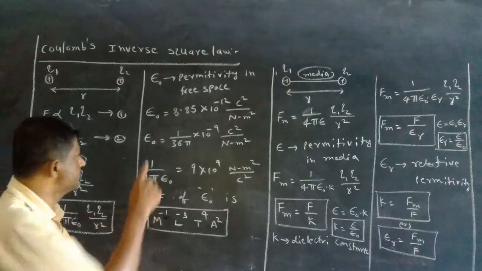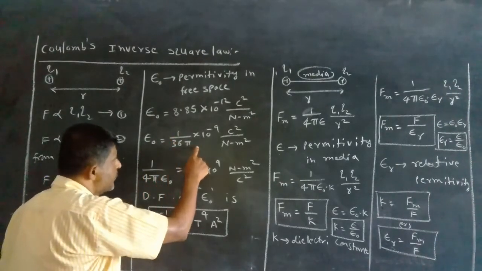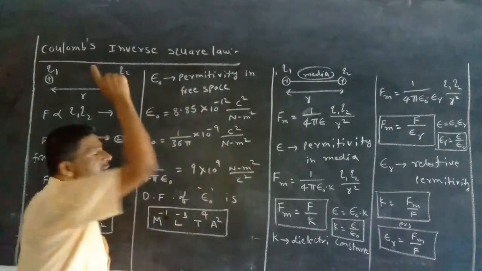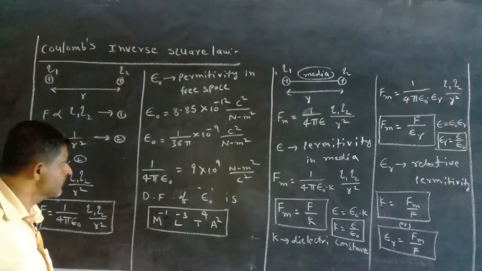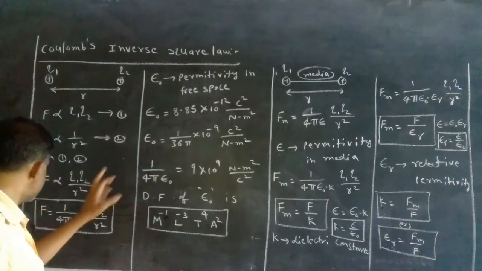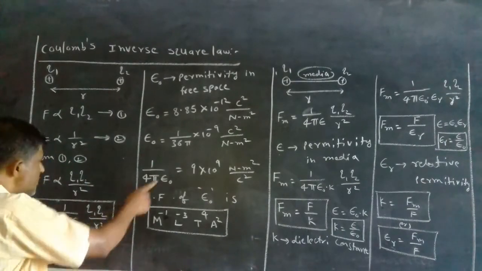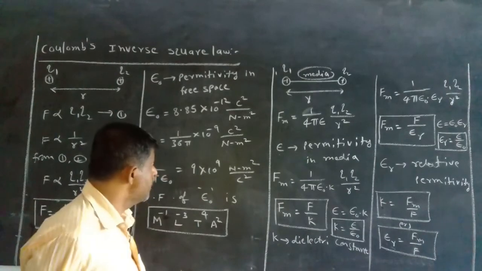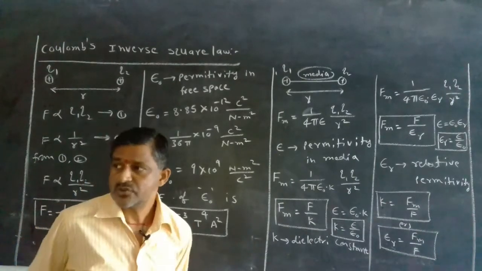Another value is 1 by 36 pi into 10 to the power of minus 9 Coulomb square divided by Newton meter square, so it has two values. Substitute this value here, so the answer becomes 9 into 10 to the power of 9 Newton meter square by Coulomb square.